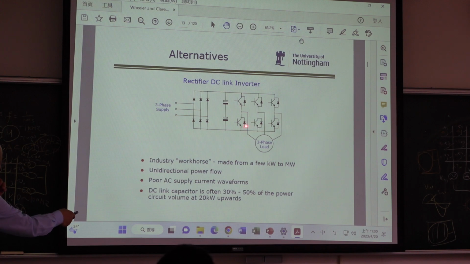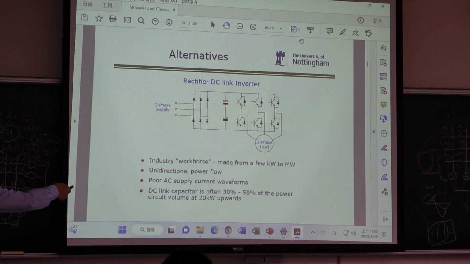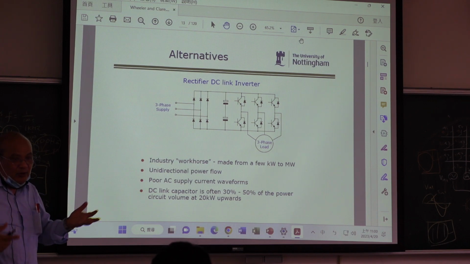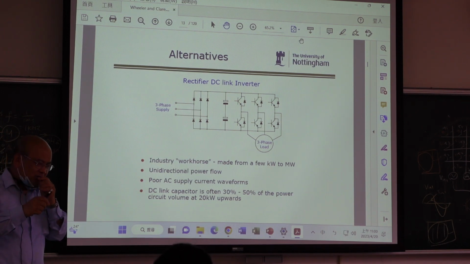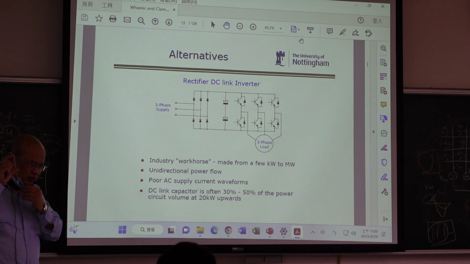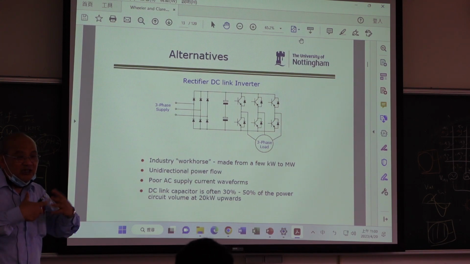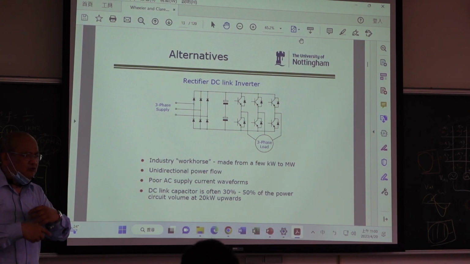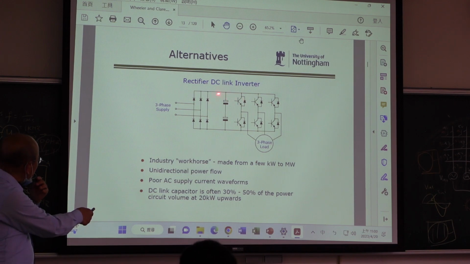So how about your energy? When you brake, you have to put a huge resistance here to dissipate your energy. Otherwise, the voltage becomes too high. So you use a huge resistor to waste your energy. Do you like to use resistance to kill or dissipate your energy?